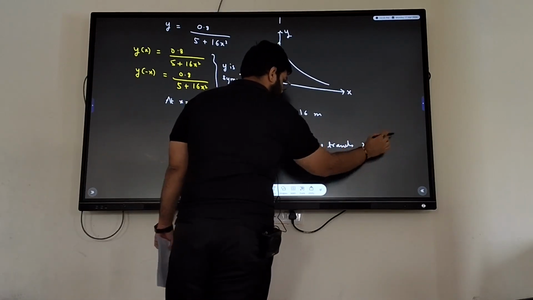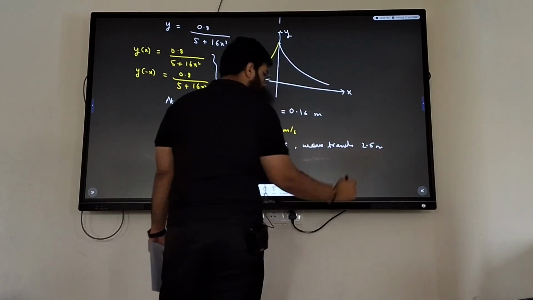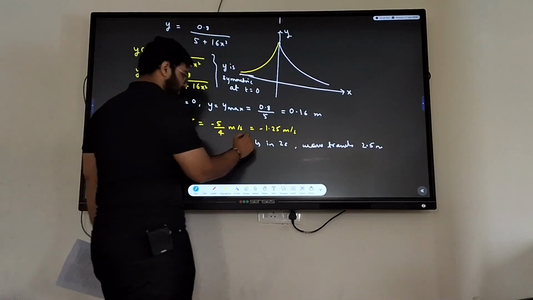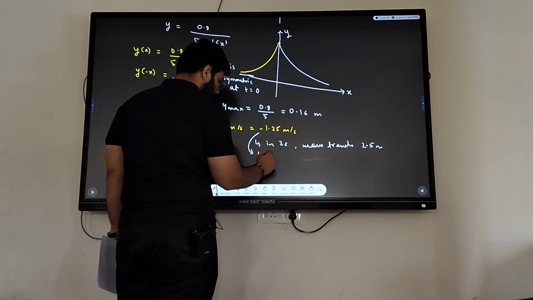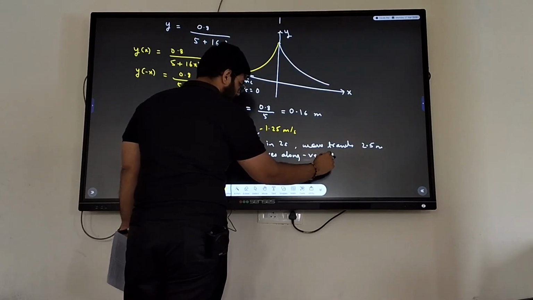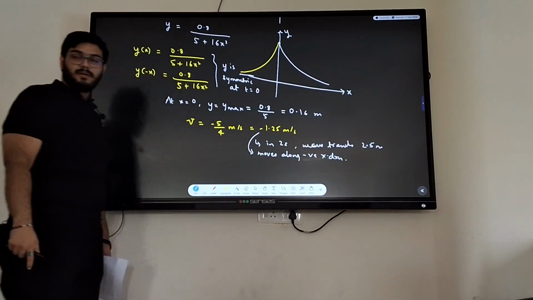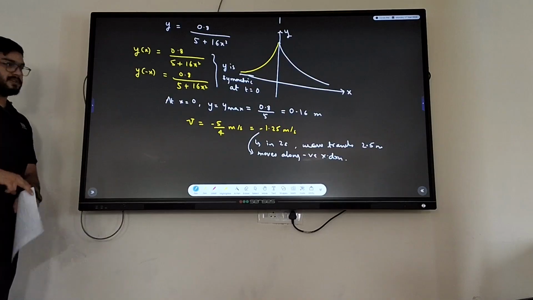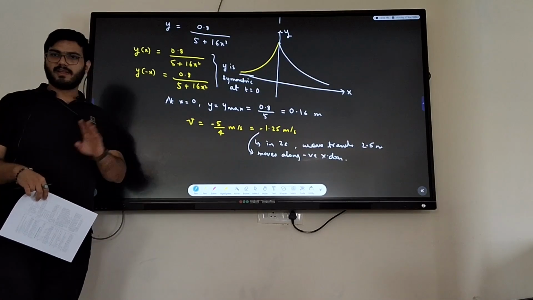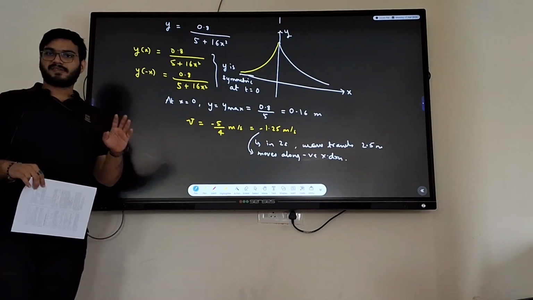This is also correct. And then you can say wave travels along negative x direction. And this question is basically done. But I want to show you one more way in which you can find the wave speed, and that way will be useful to us later. It's a very elaborate way, but try to understand the method.